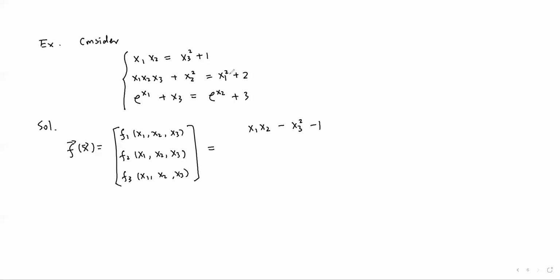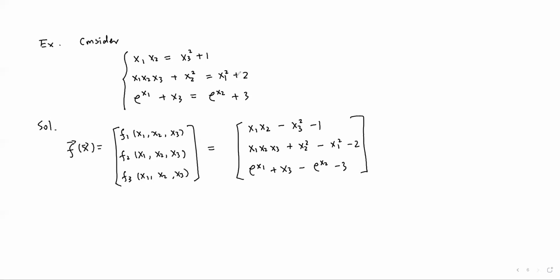F2, I move x1 square and 2 to the left side: x1, x2, x3 plus x2 square minus x1 square minus 2. And do the same for the third equation: move e to x2 plus 3 to the left hand side, minus e to x2 minus 3.